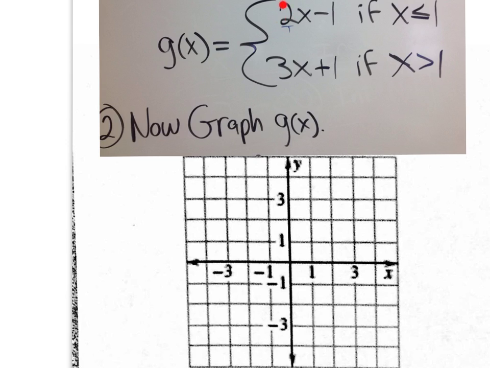The slope is 2 over 1, and the b value is negative 1, which means the y-intercept is negative 1. So if we go to negative 1, and we put a dot right there, and then from that point, I go up 2 over 1, I put a dot right there, and I connect the dots, I have my line.